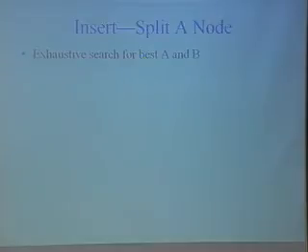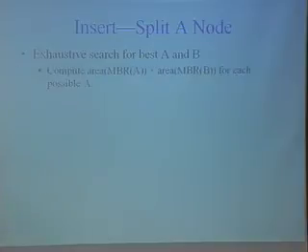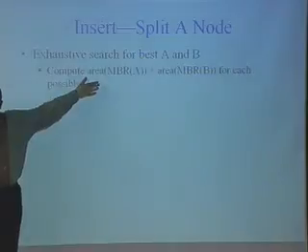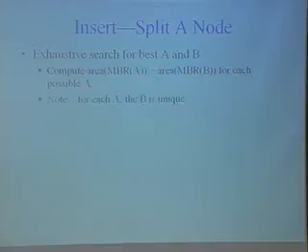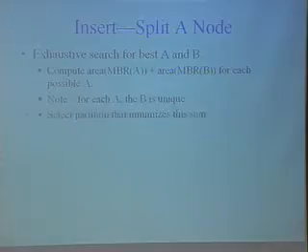All right, so the question is, how do you pick? The simplest strategy is to just try out all possible choices for A and B. For each choice, you compute the area of the MBR of A and the area of the MBR of B, add them up, and find the minimum across all possible choices. Once you pick A, B is fixed.